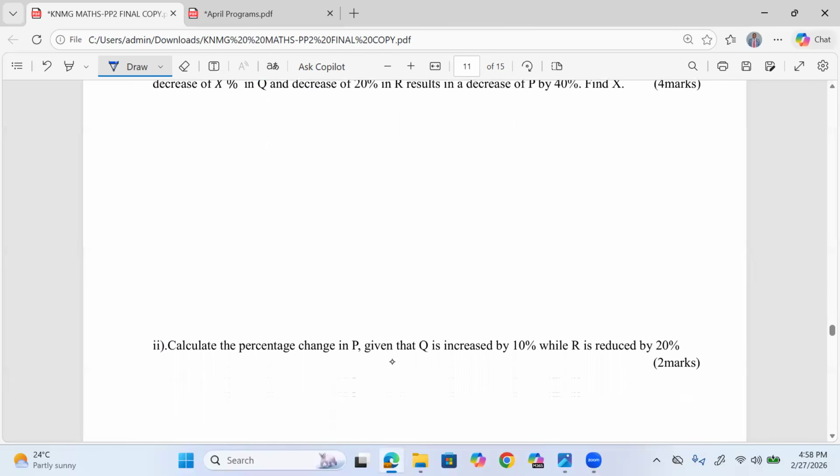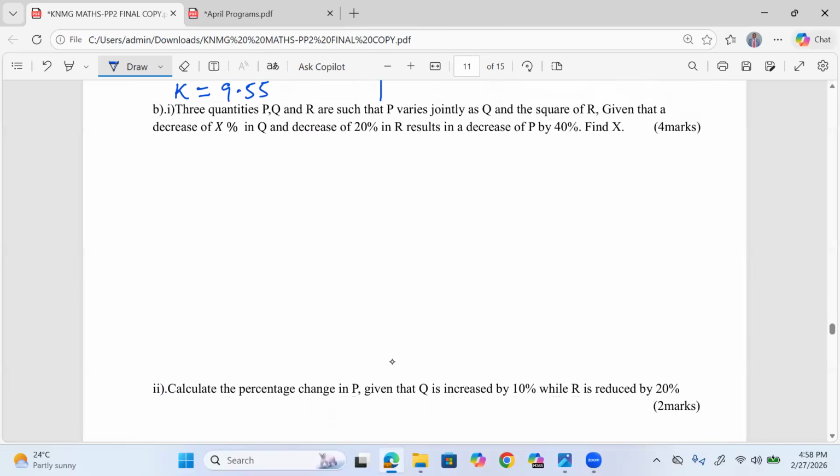Part B, Roman 1 and Roman 2 are the same, only that the unknown is changing. We are already given the percentage change.